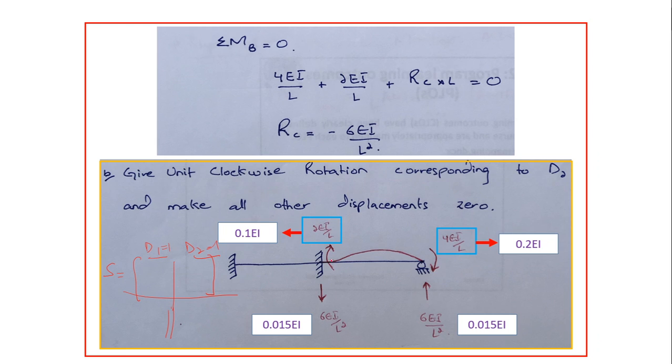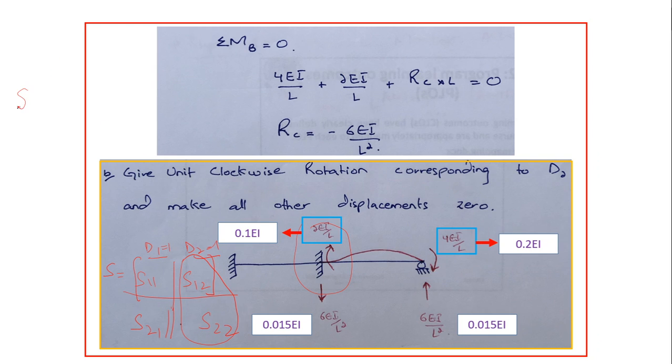So you should know that this was your D1, right? So this would be S11, this is S12, this is S21, and this is S22. So the values for column 2 would be attained in this step.